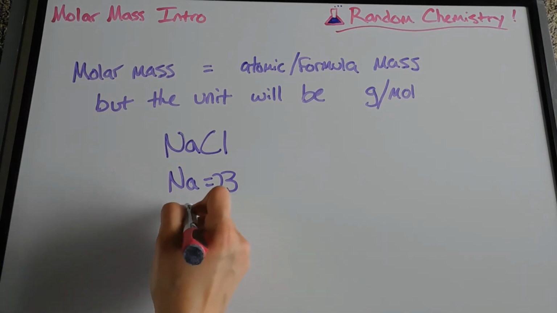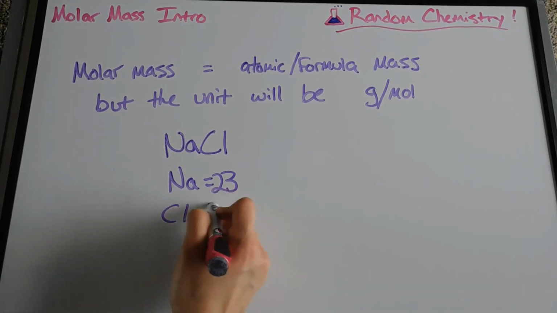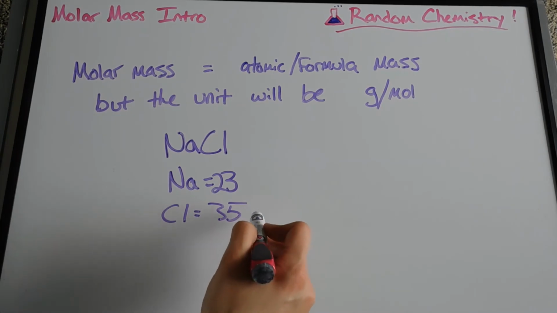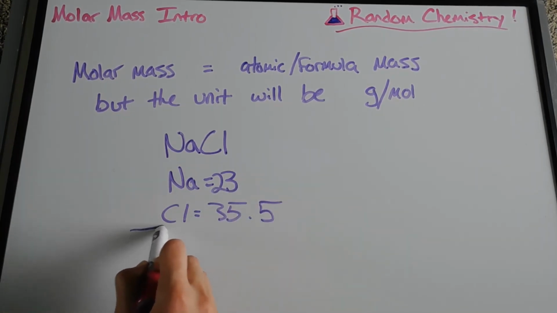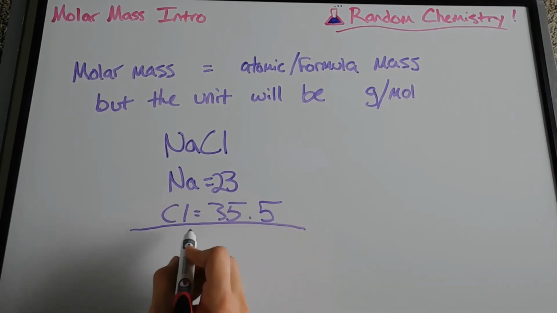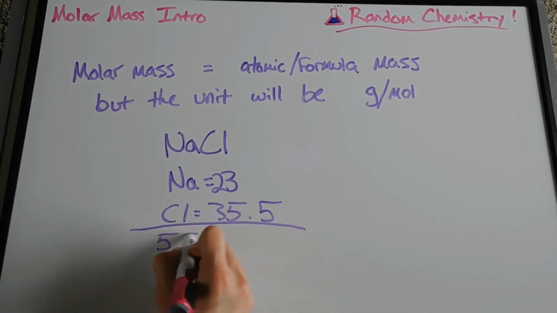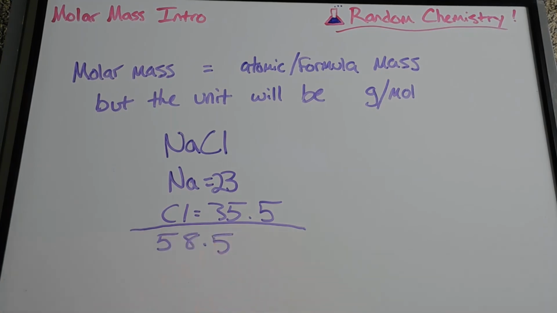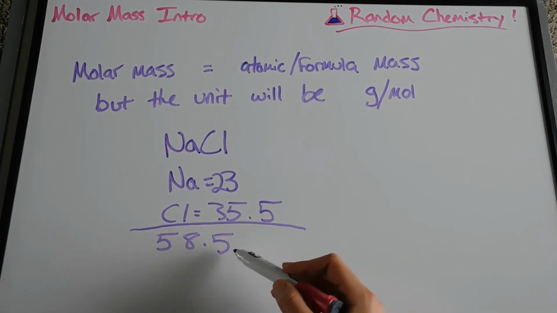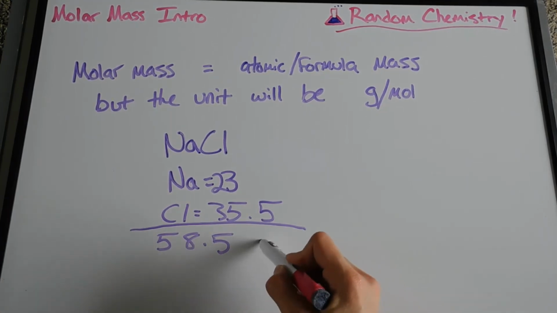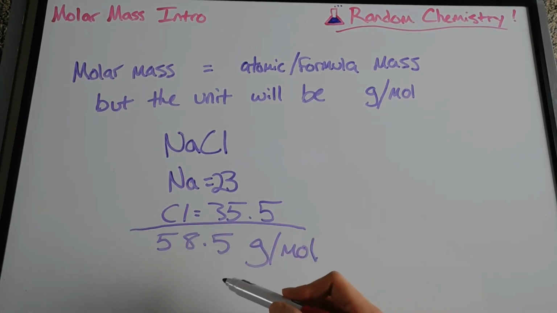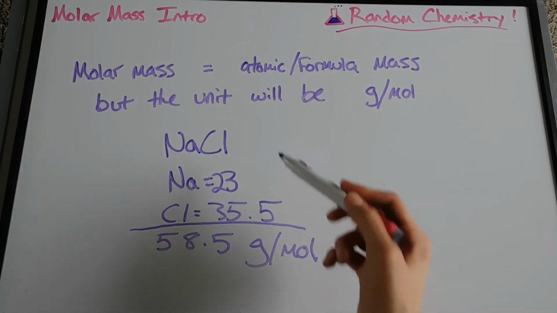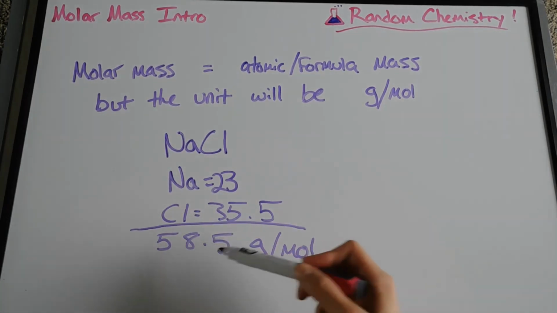So the atomic mass for chlorine is 35.5. And then you would need to add these together. And this would give you 58.5. So this would be the formula mass if I put AMU, but if I put grams per mole, then this would be your molar mass. So the molar mass of sodium chloride is 58.5.